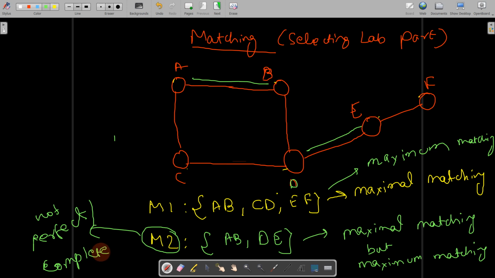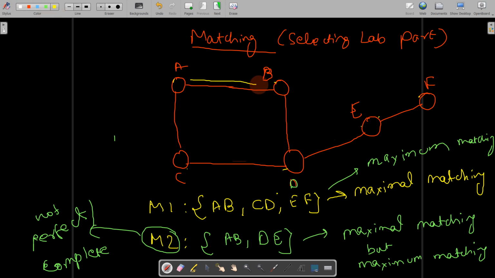So, a perfect or complete matching is a matching where all the students have a lab partner, or all the edges selected are incident on all the vertices of the graph. Okay. I will draw the M1 matching again.